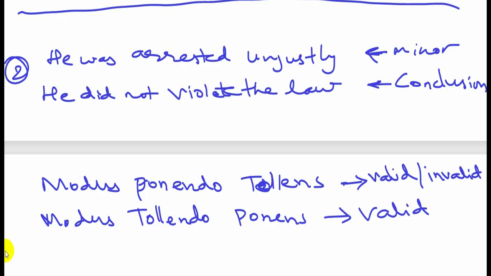In modus ponendo tollens, if the alternatives are exclusive, then it is always valid. Otherwise, it is invalid.